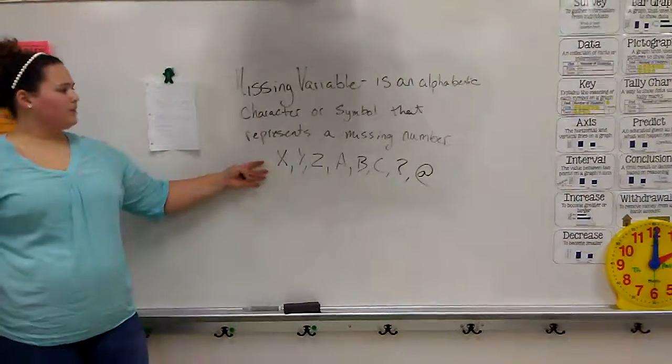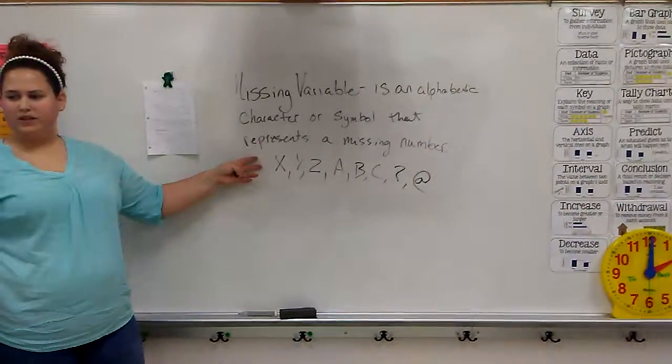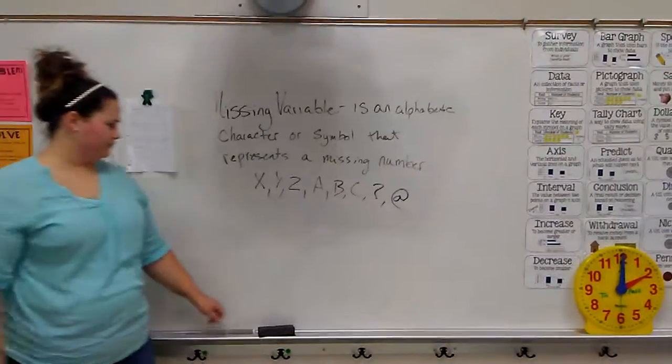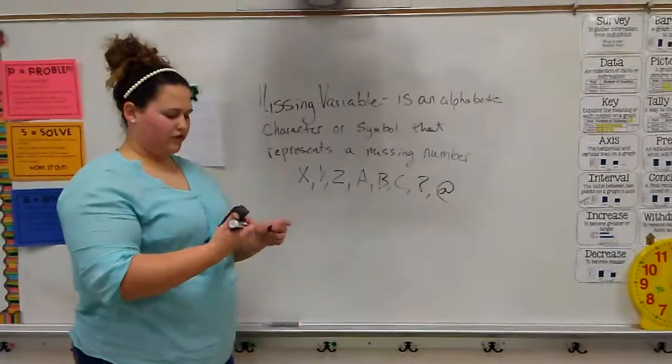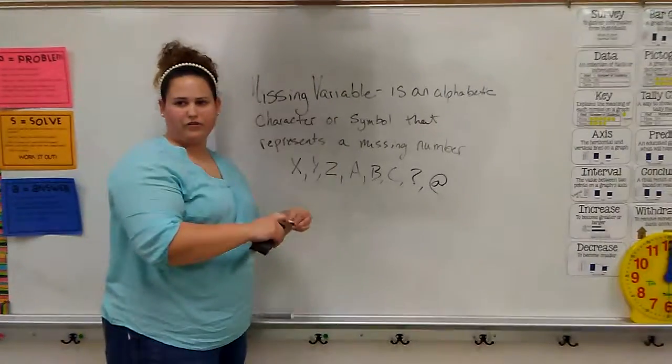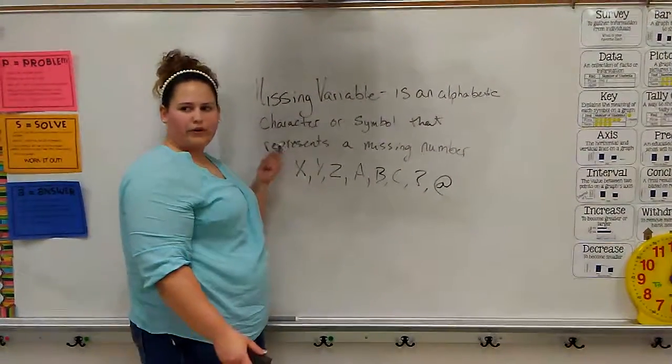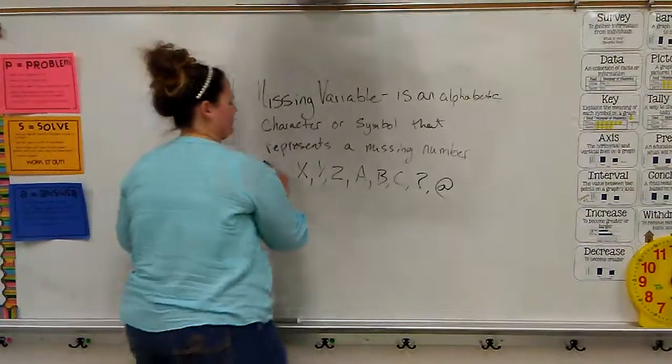These are all symbols or characters that can be used to represent a missing variable. Y'all get this all down? Make sure y'all let me know if you're not staying up. I can give you a couple more seconds. We all good? All right, perfect.